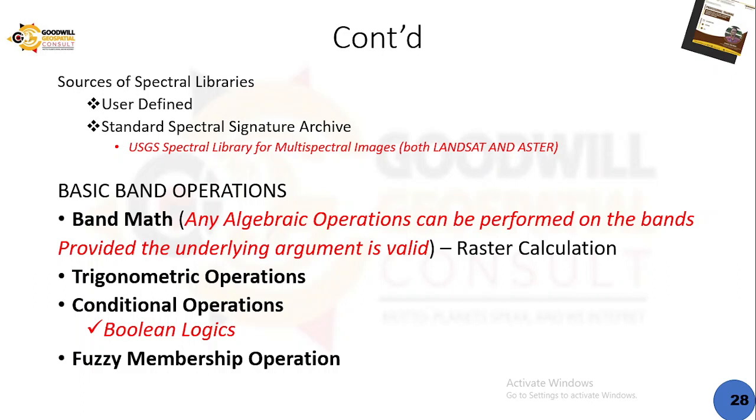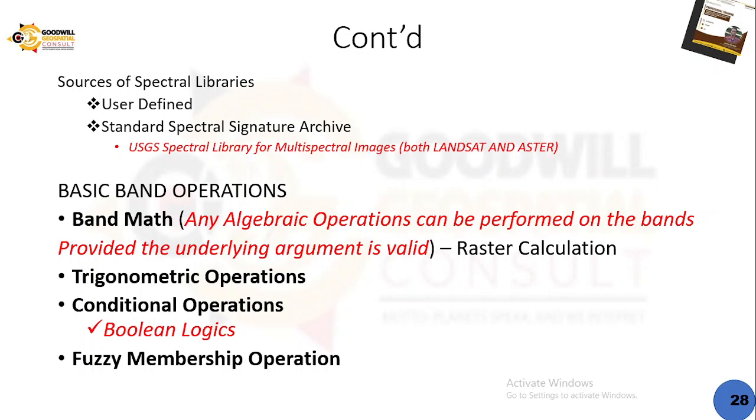When you go to these archives, you can get spectral endmembers for different types of minerals. That will help you map out the minerals in an image for an area.